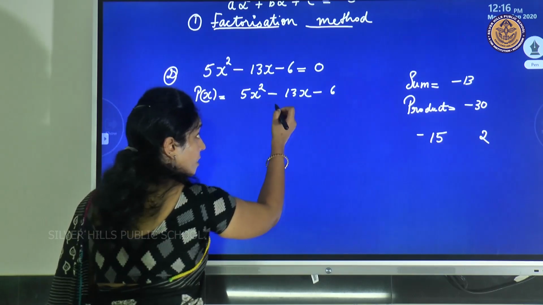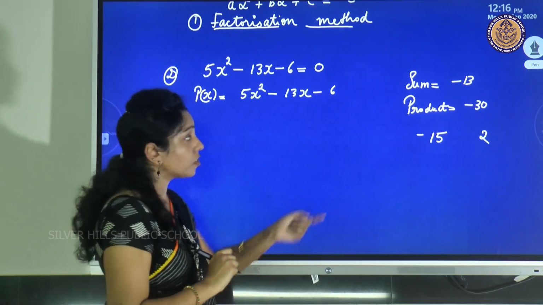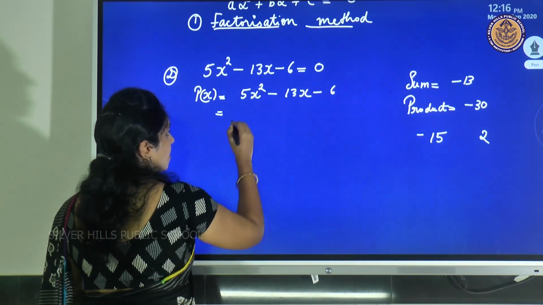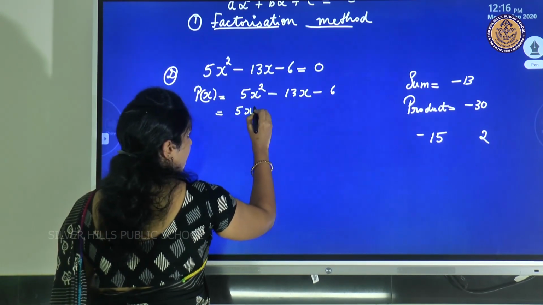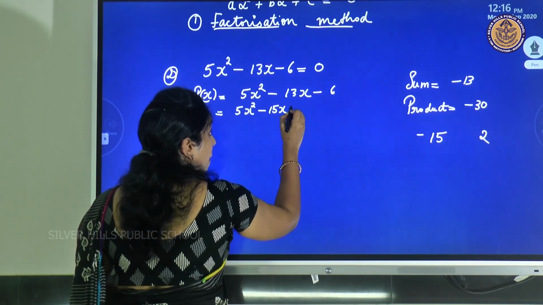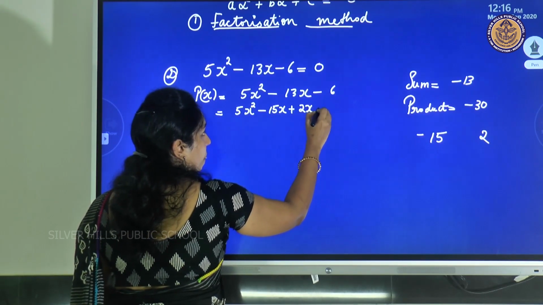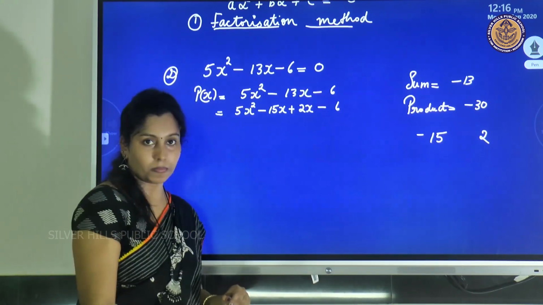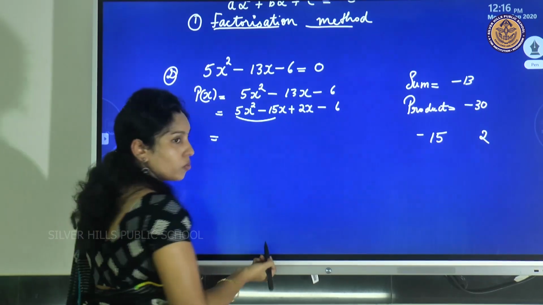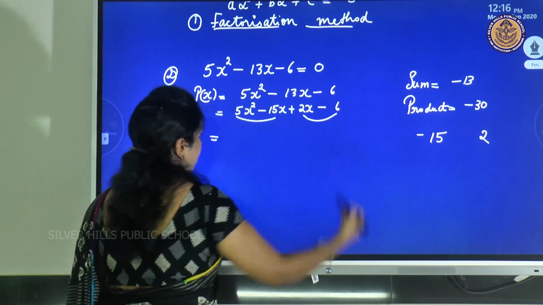Now let's split minus 13x using minus 15 and 2. So this can be written as 5x square minus 15x plus 2x minus 6. Okay? This is equal to, combine the first two terms and the last two terms.